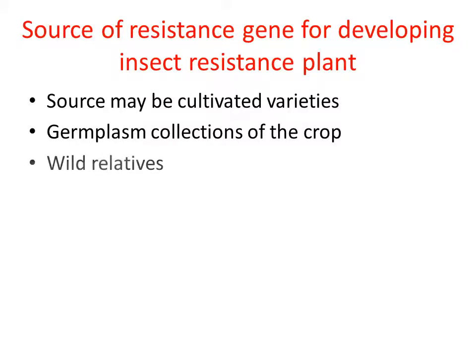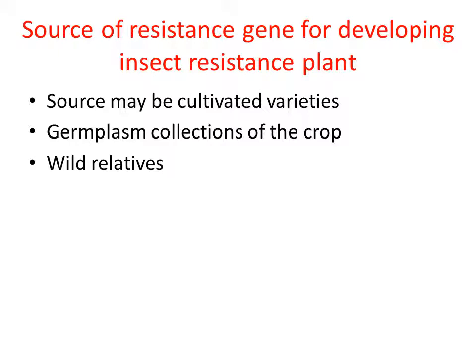This is one source, and the last one is wild relatives. All the cultivated crops we have, they have their wild ancestors, right? So we have to search for insect resistant plants in the wild relatives for deriving the resistance gene, right?